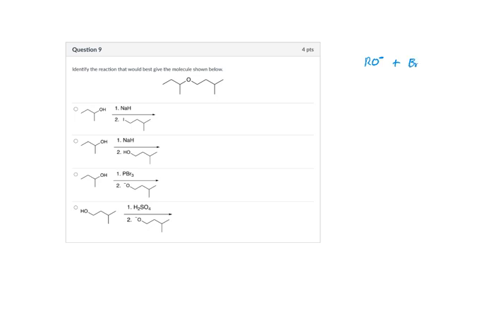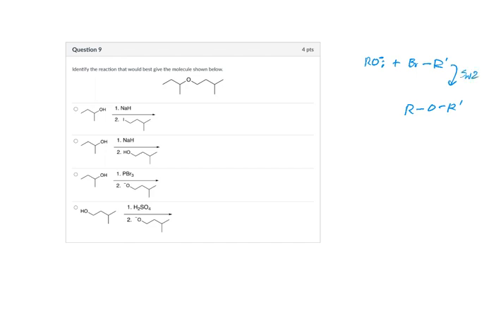Just use a bromide here. Do an R prime to make sure that that's different than the one we have on the oxygen. And we'll end up with R on one side and R prime on the other side. So this is just going to be an SN2 substitution.